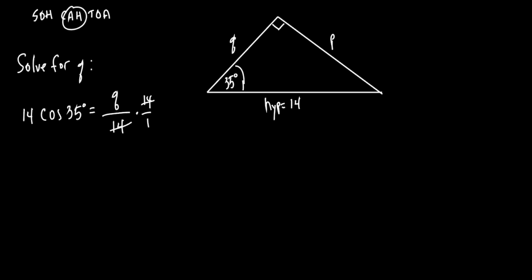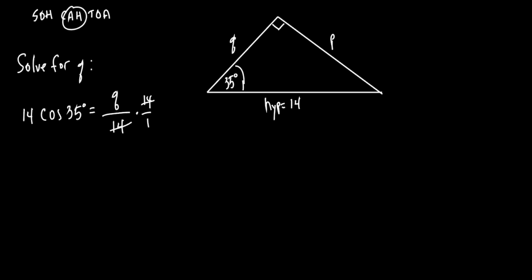If anybody's watching this on YouTube, you won't be able to see the calculator, but I'll tell you what I'm putting in. On a calculator like this, you can write it in exactly the way it looks right here. You put a 14, then hit cosine, then 35, hit enter, boom, you're done. If you have a little scientific calculator, like I have on my phone, here's how I would do it.